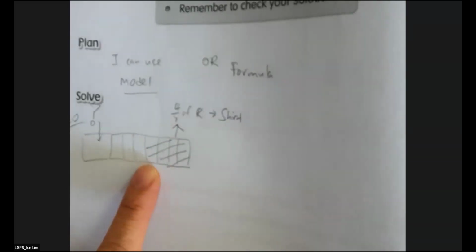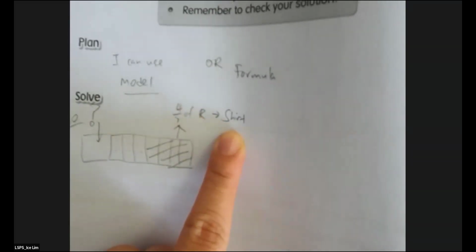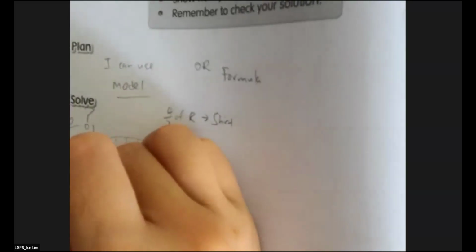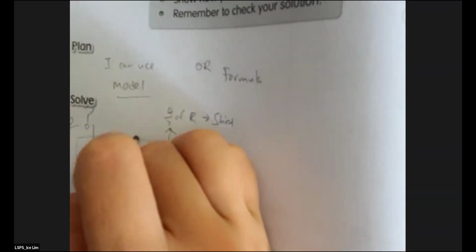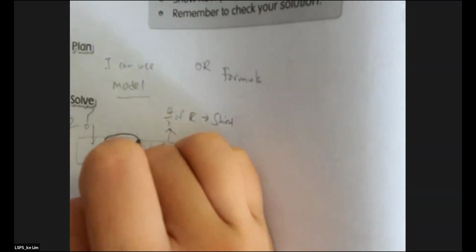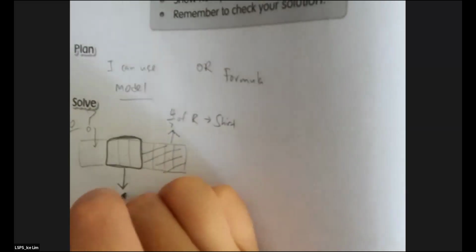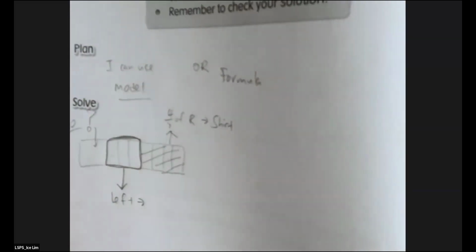And then 4/7 is spent on the shirt. So where's the left? These 3 units are the left. Okay? Left is 3 units.